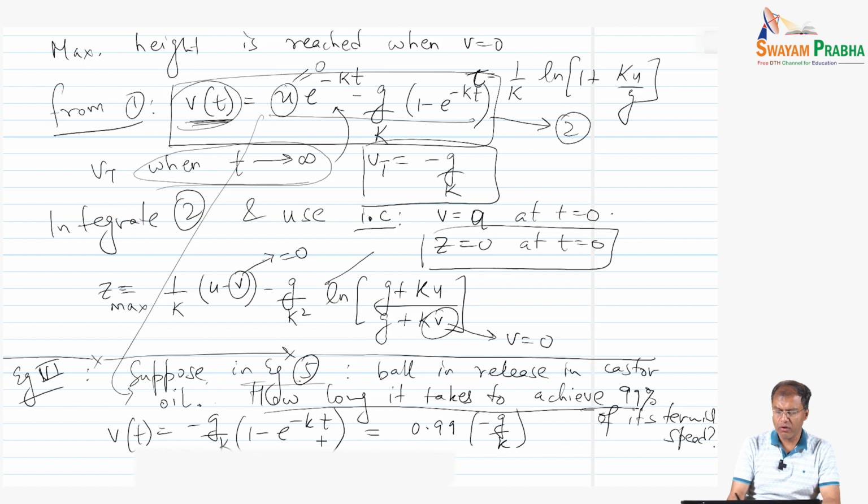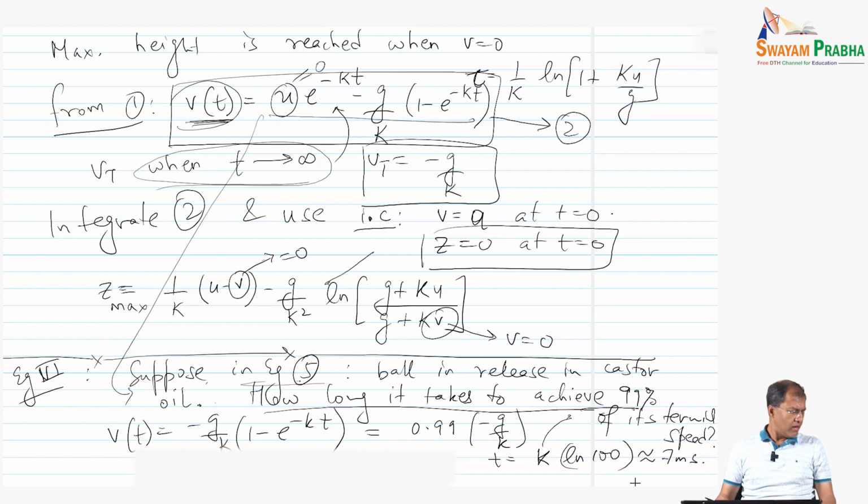From here we can solve and find that the time comes out to be roughly equal to 1 over k times log 100. For castor oil, when we plug in its material values, the value of k, it roughly comes out to be 7 milliseconds, right?